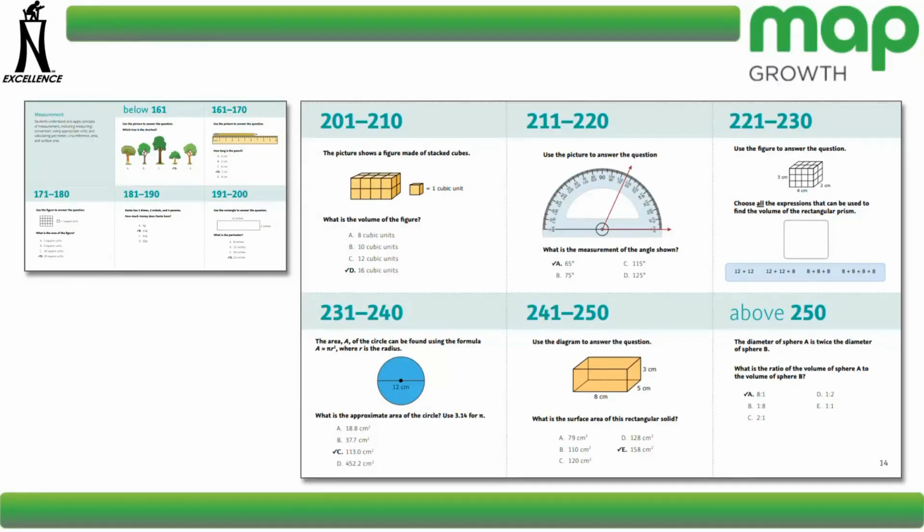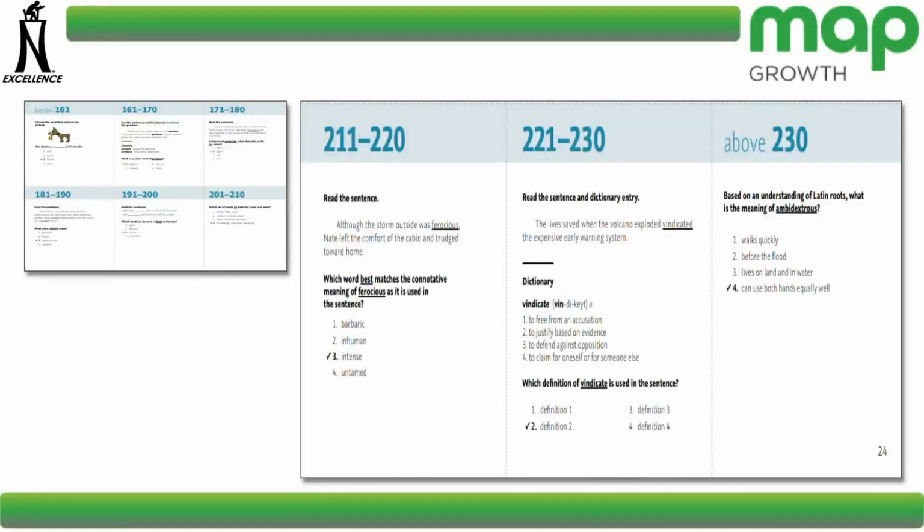From our 201 to 210, we have a picture that shows a figure made of stacked cubes. What is the volume? And then we go to our 250, which is our highest RIT band, and it's talking about the diameter of a sphere. For reading, we have 211 to 220, and it asks which word best matches the connotative meaning of ferocious as it is used in the sentence.